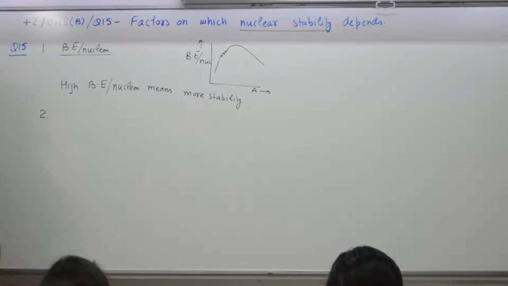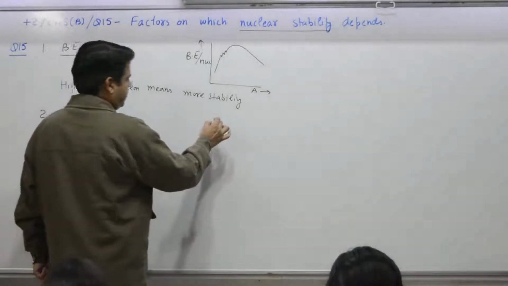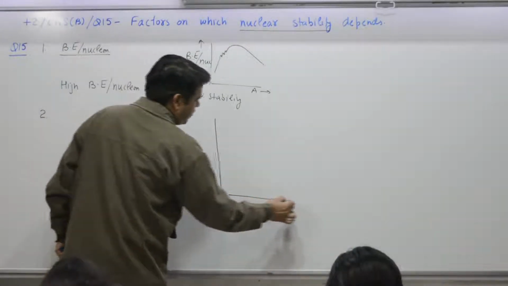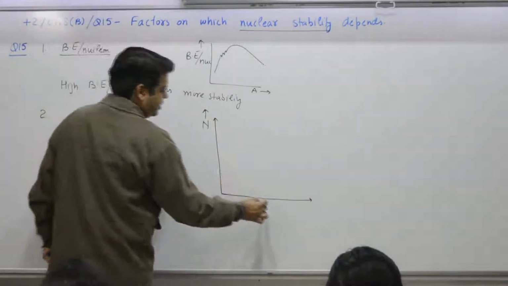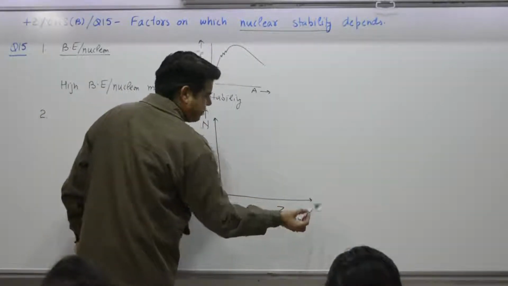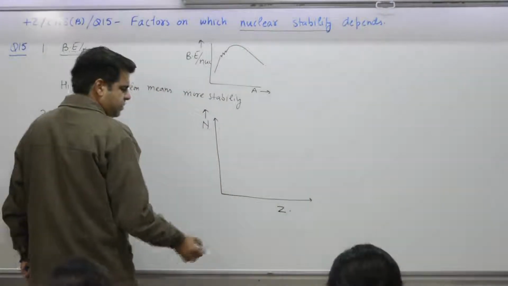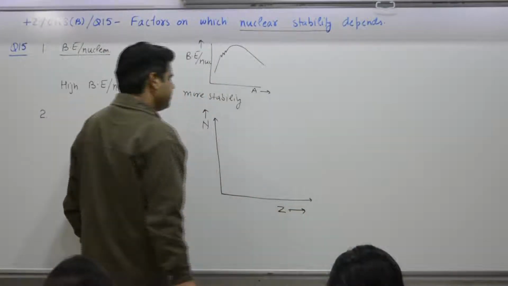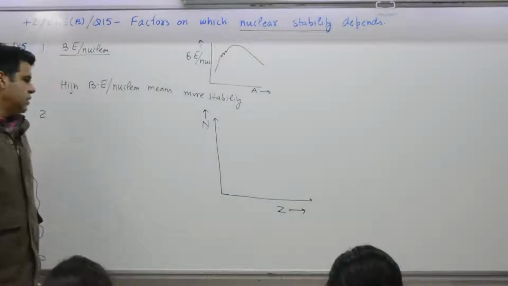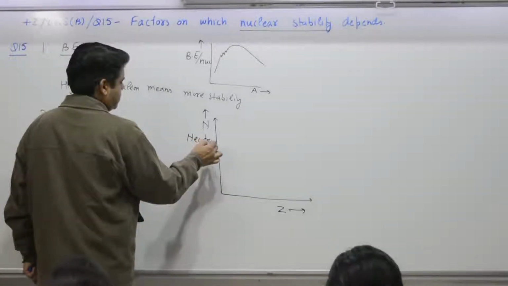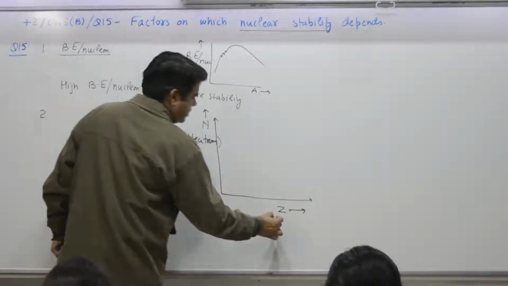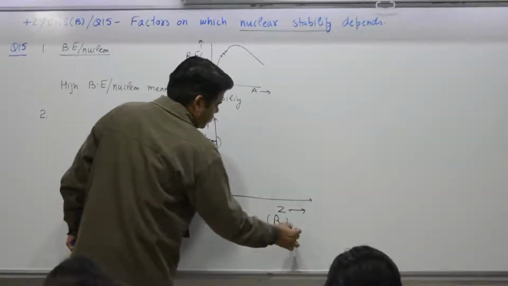Point 2. If you plot number of protons and number of neutrons, N represents the number of neutrons, and Z, or P, is written P or Z here so that we are in resonance with the notes. N is neutrons, Z is protons.